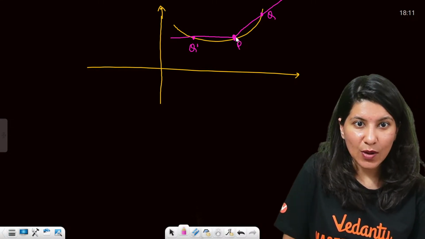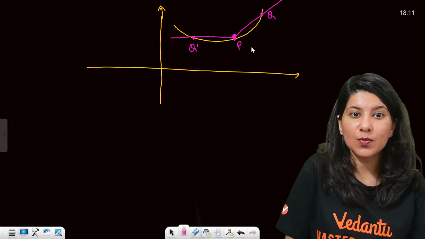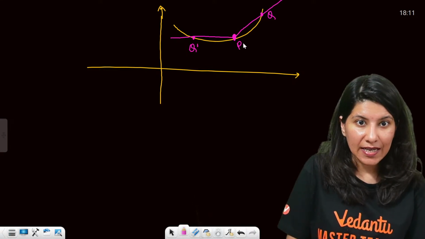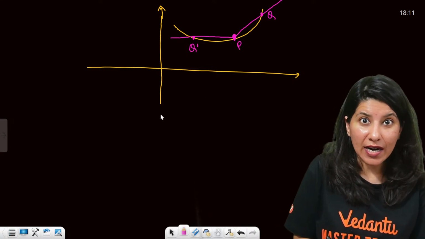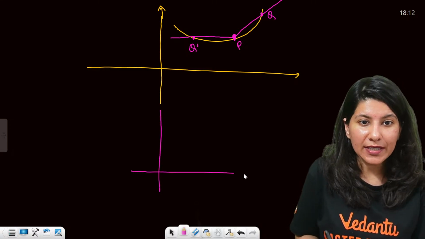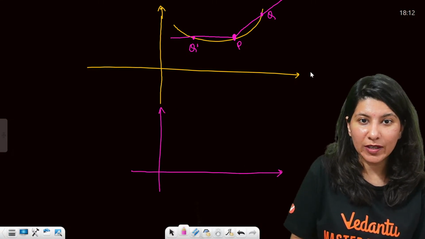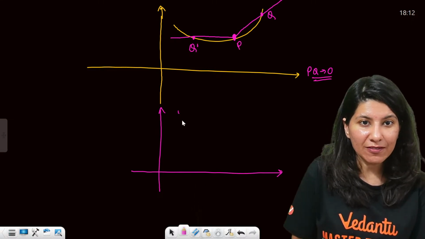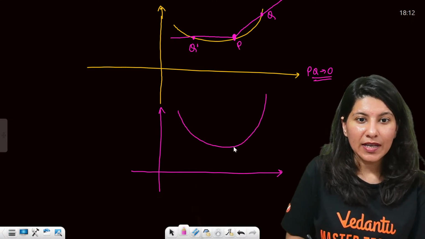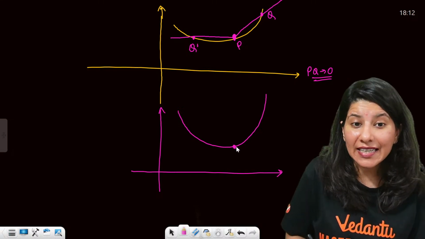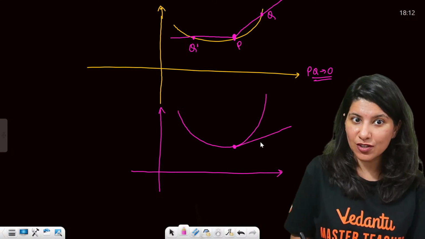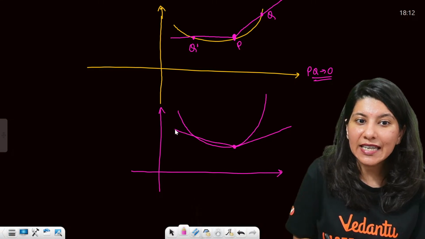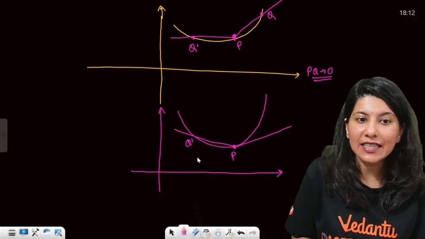I have drawn two secants from this point P, correct? And now what I want is my PQ to become 0. If my PQ becomes 0, then what will happen? Tell me. From the right hand side I will have a tangent, but from the left hand side I will still have that secant, yes or no?